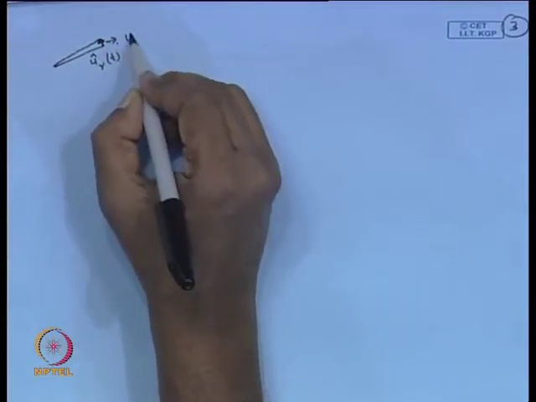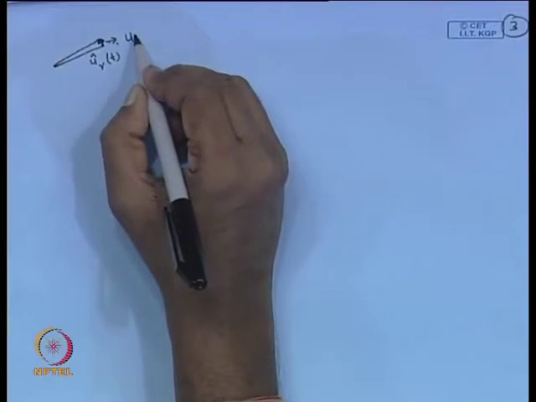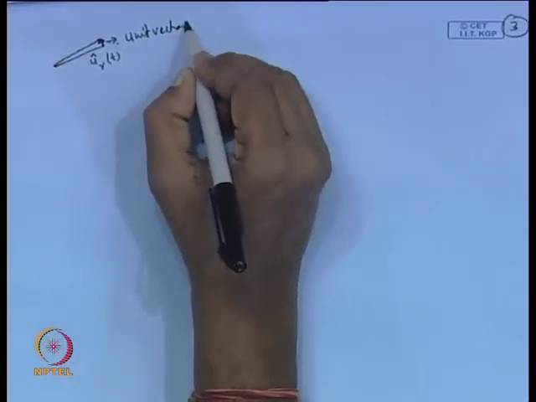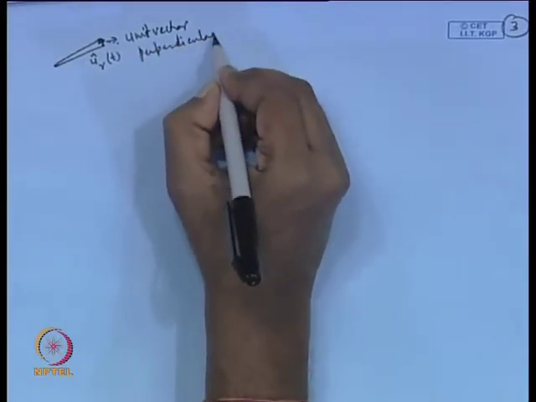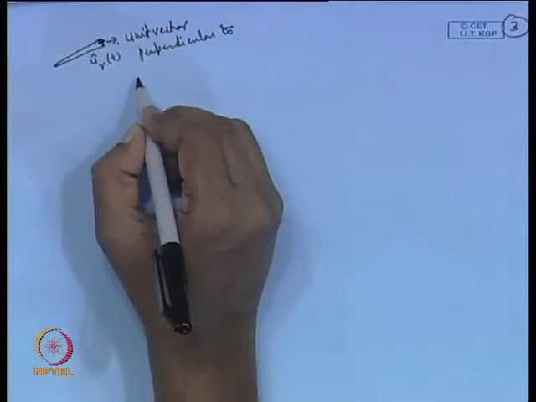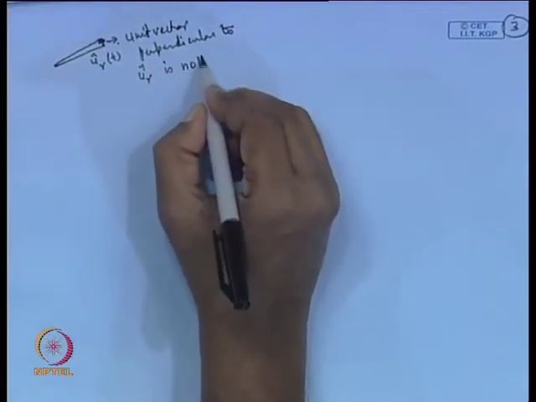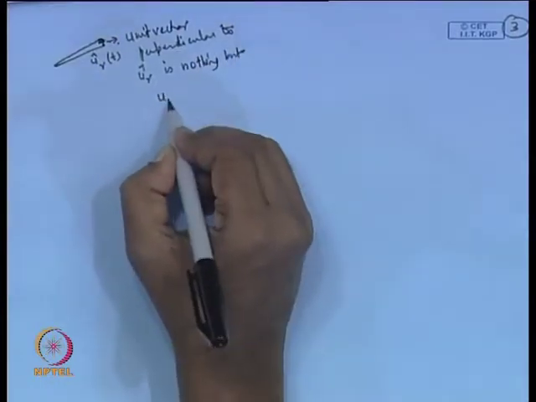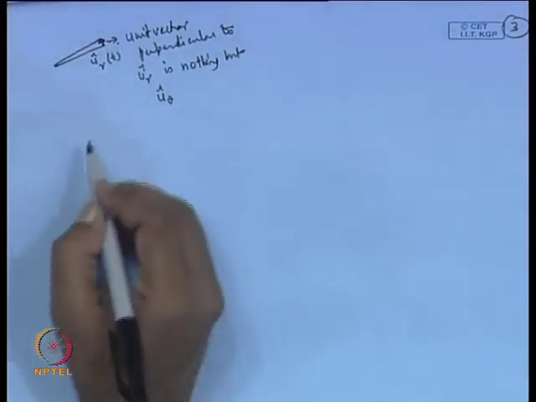The unit vector in this direction, perpendicular to u r, is nothing but u theta cap.